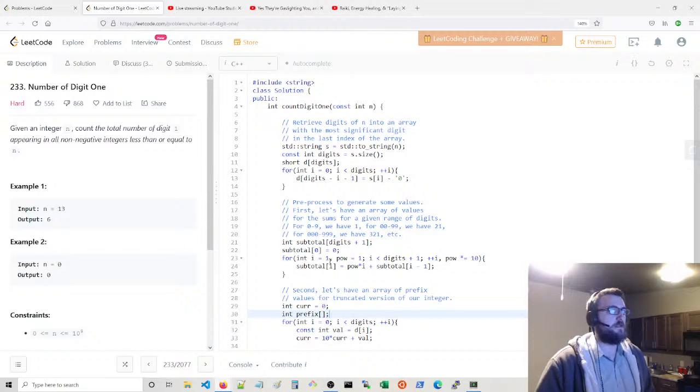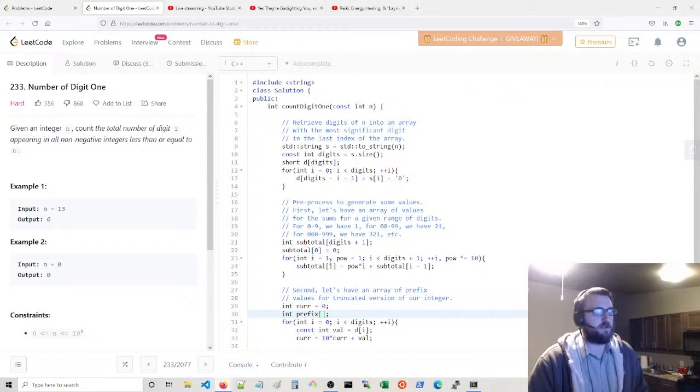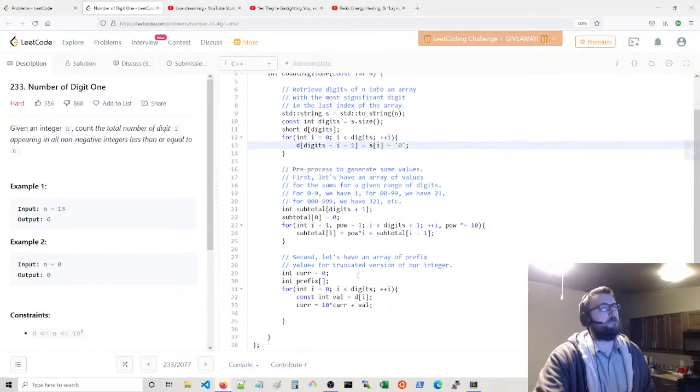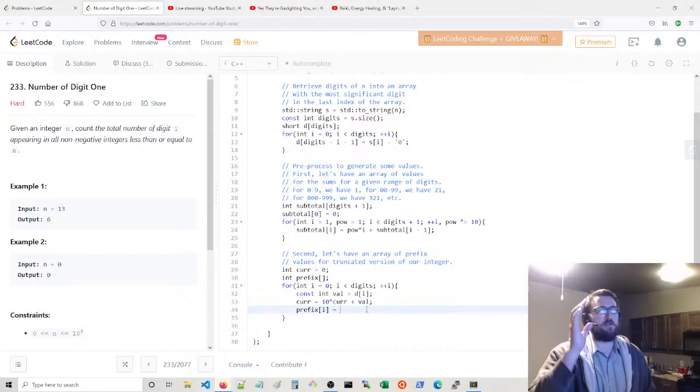prefix is going to be, so what's interesting here is that the smallest digit should be the least significant digit. That's what we want to do. So this works kind of nicely. So we can say prefix of I, starting from the 0th position from the right, going left.